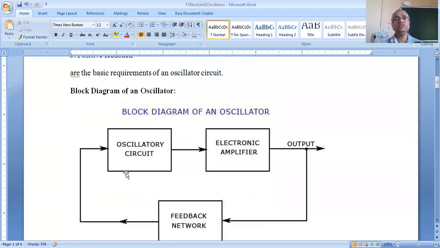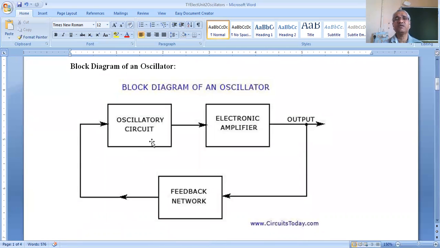So let us see how this oscillator circuit works. This is the block diagram of an oscillator, sinusoidal oscillator, or any type of oscillator generally. The first block is the oscillatory circuit or tank circuit. The electrical oscillations, sinusoidal oscillations, are produced in the oscillatory circuit, or it is also called the tank circuit.